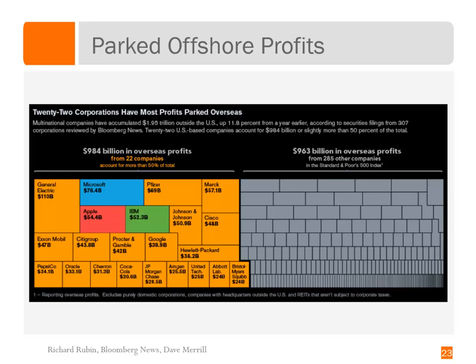The point here is that the 22 largest companies for parking overseas profits basically account for the same amount of profit parking overseas as the next 285 companies. So the point of the visualization is to try and communicate the scale.